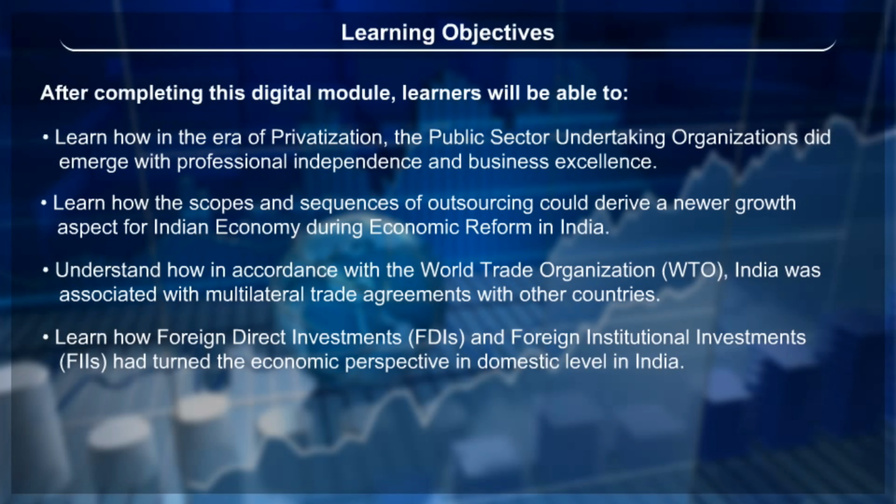Learn how foreign direct investments (FDIs) and foreign institutional investments (FIIs) had turned the economic perspective at the domestic level in India. Understand the salient challenges of globalization and the growing level of economic disparities and inequalities due to the adverse effects of a liberal economy.